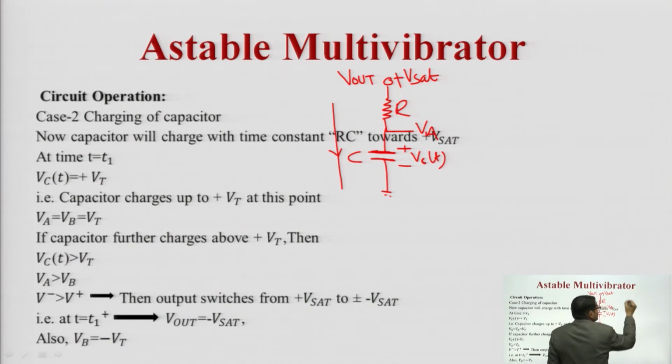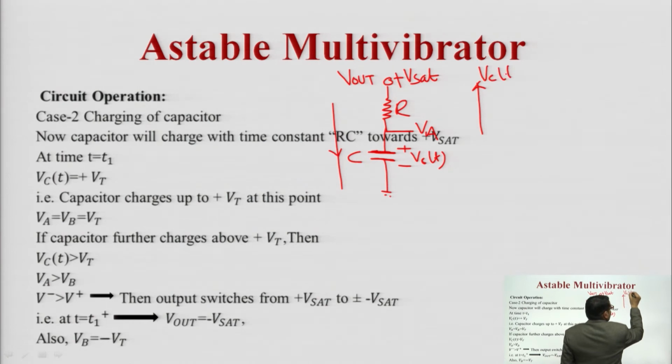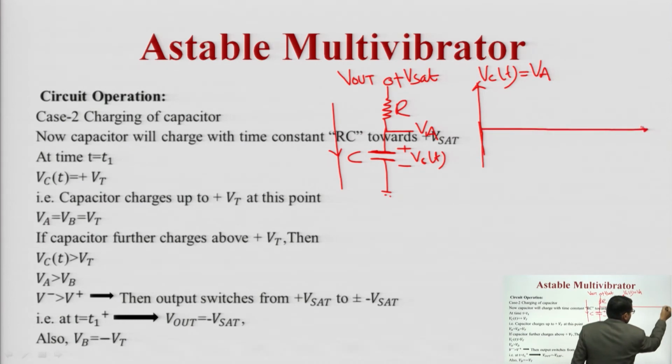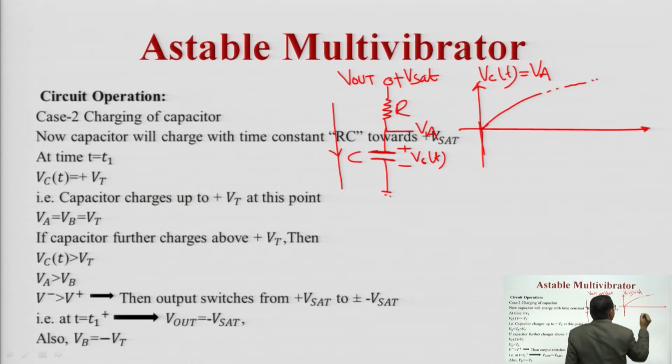If you see here, this is the V_C(t), this is the V_A, and the capacitor starts charging towards plus V_sat.